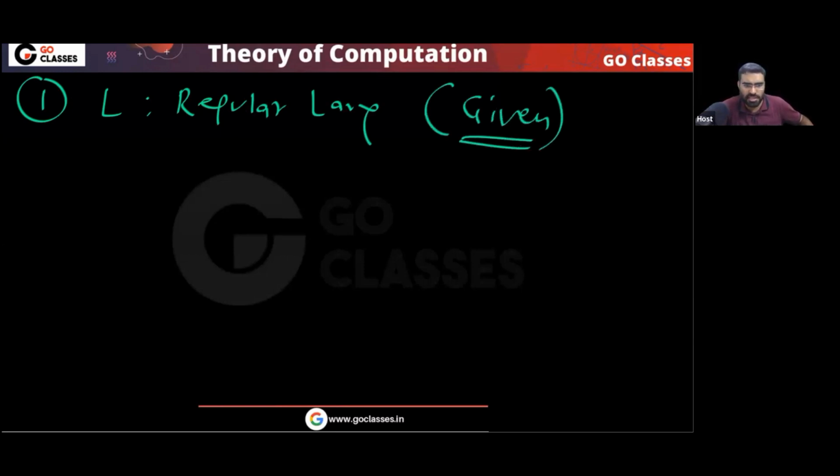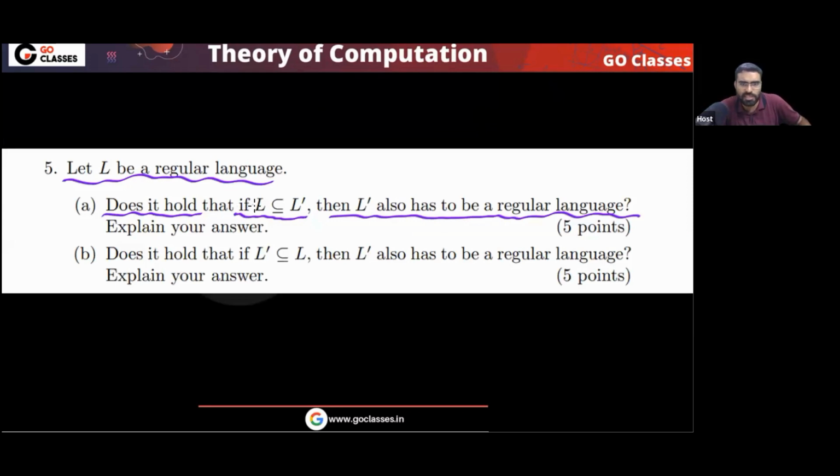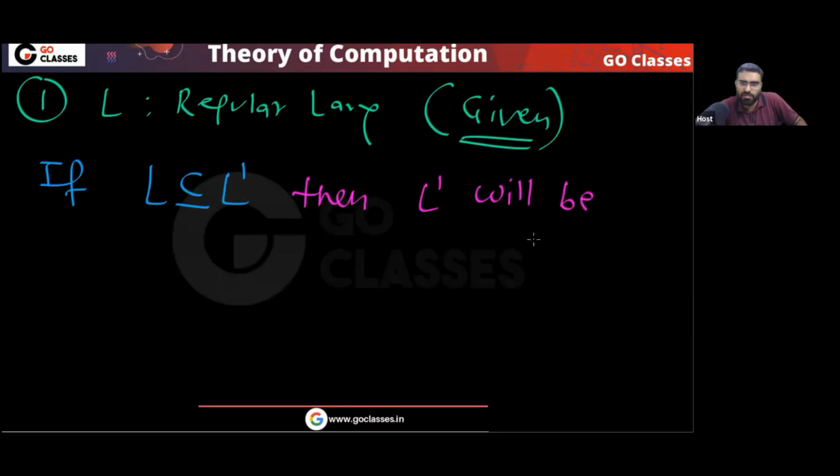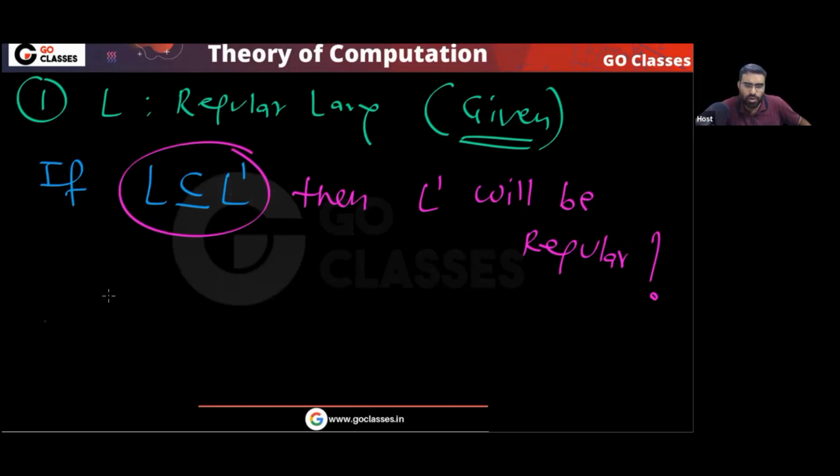Now please understand the question. The question is saying that if L dash is a superset of L, then can I say L dash also will be regular? Please tell me. Can I say if L dash is a superset of L, then L dash is also regular?